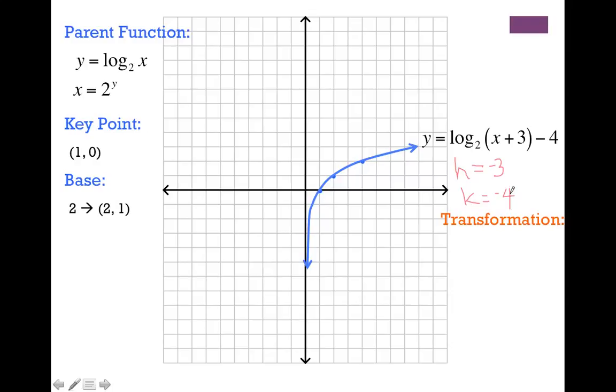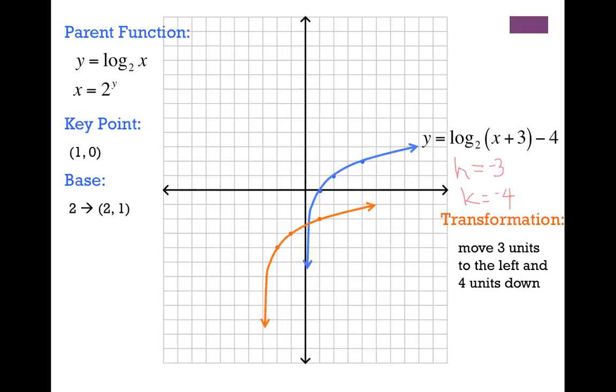So in terms of transformations, that means I'm going to take this graph and move it 3 units to the left because of the negative 3 for h, and 4 units down because of the negative 4 for k. So if I take every one of these points and move them 3 left and 4 down, they're going to end up like this, which means I'm going to end up with a curve like this.